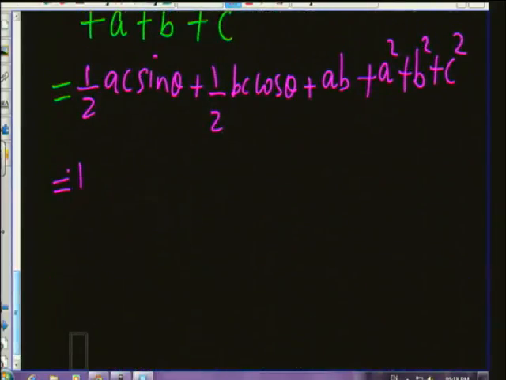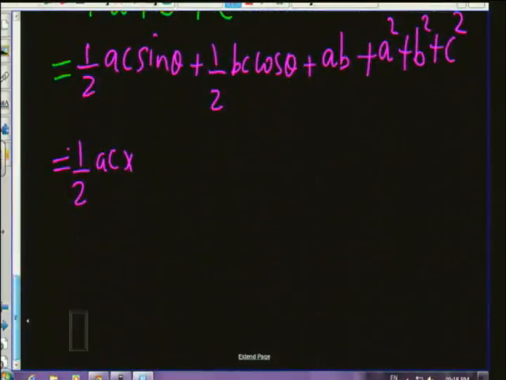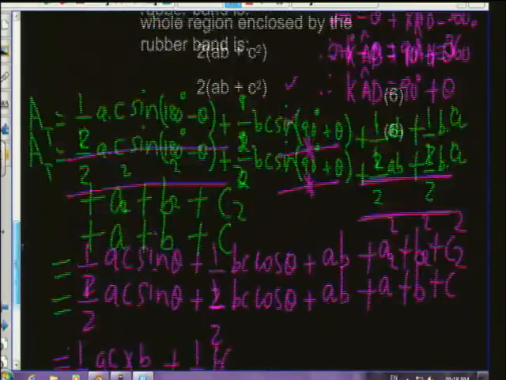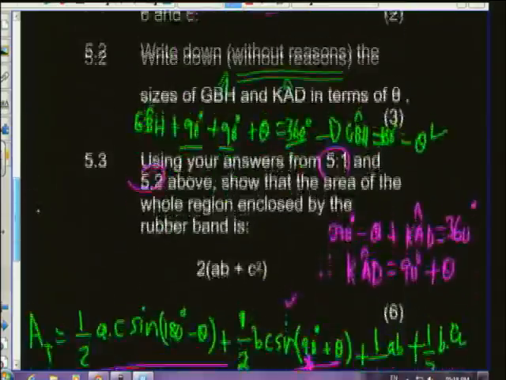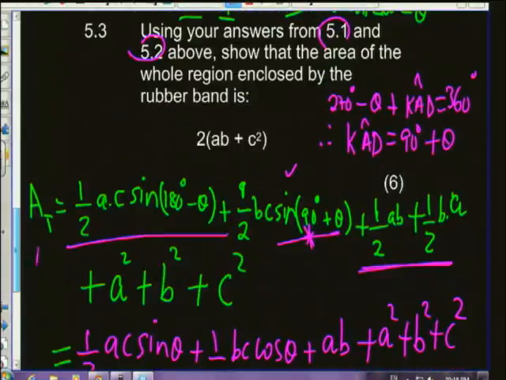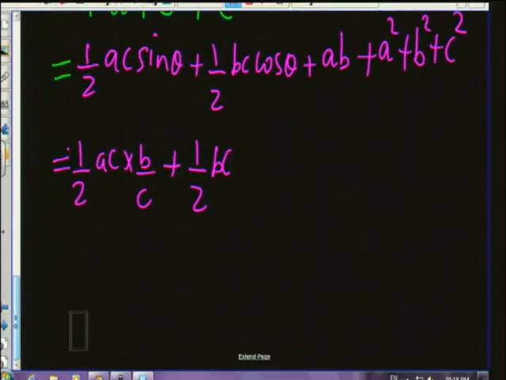So we've got half AC times the sine, B divided by C, plus half BC times the cos, A divided by C, plus the AB plus.